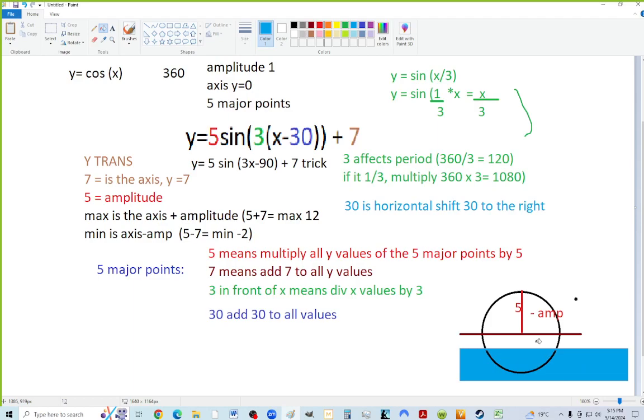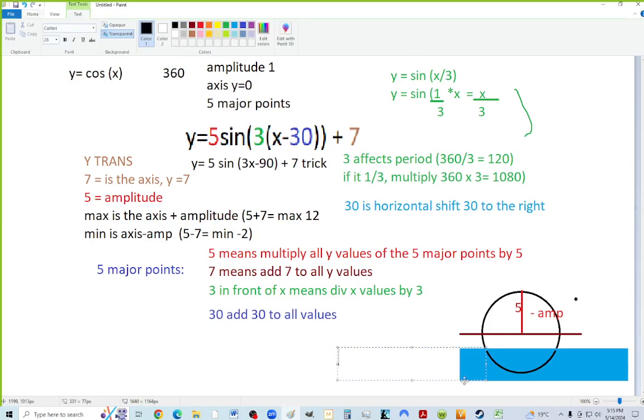If this wheel is 5 radius, and the bottom 3 meters is underwater, what is my axis on a Cartesian graph?